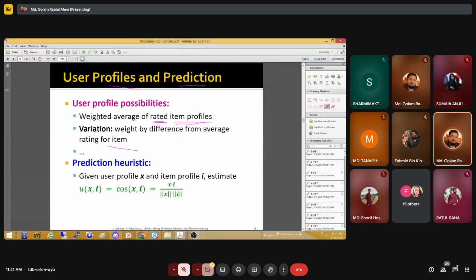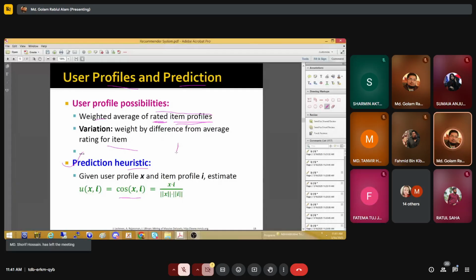So the weighted average of rated item profiles is what we can use as our user profiles. Now for the prediction, usually we can use some sort of function called the similarity function, like you can apply the cosine similarity.